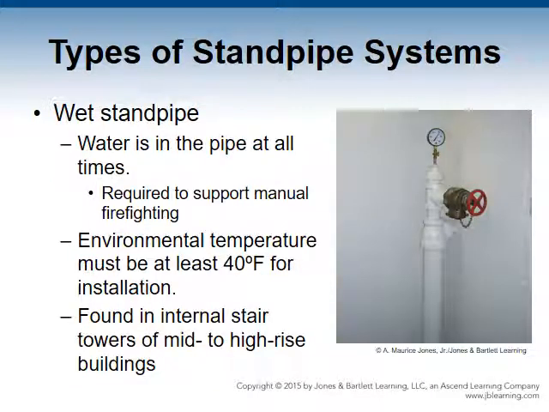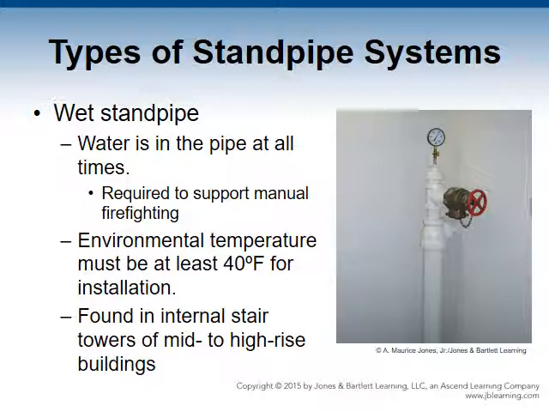The automatic wet standpipe. This system contains water in the pipe at all times. It is required to supply sufficient water to support manual firefighting. A fire pump or other pressure maintenance pump may connect to the system to ensure appropriate pressure and flow to operate fire hose nozzles.